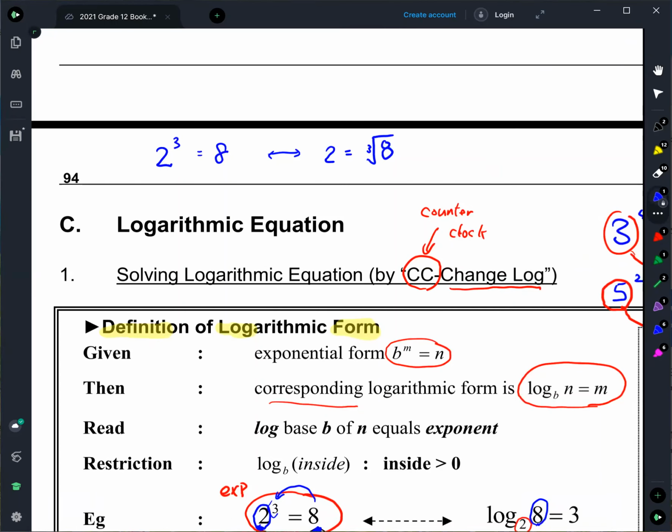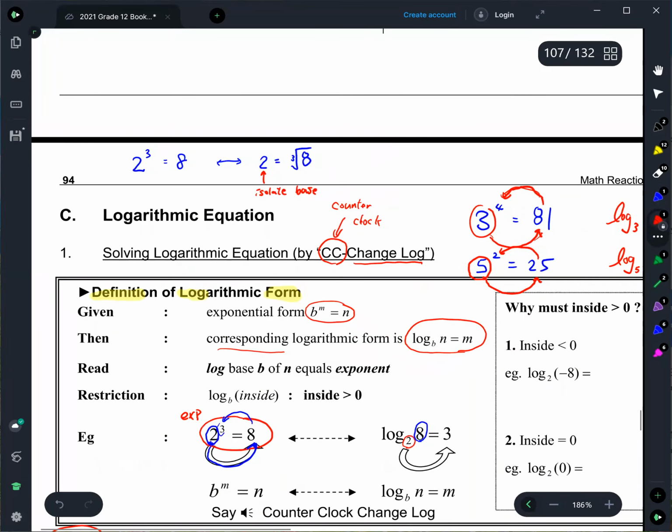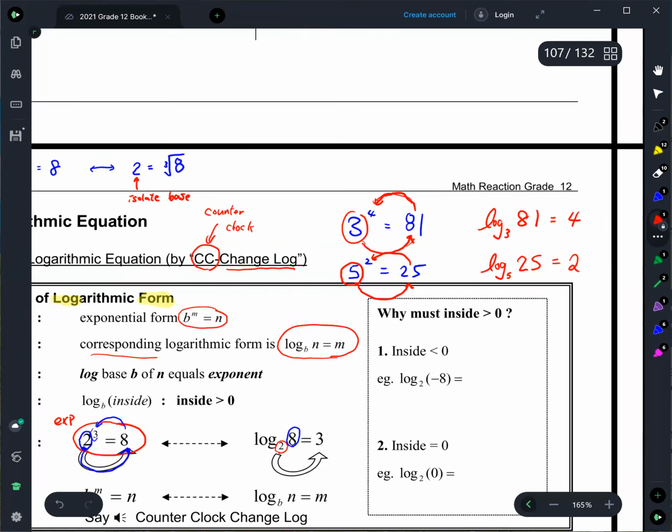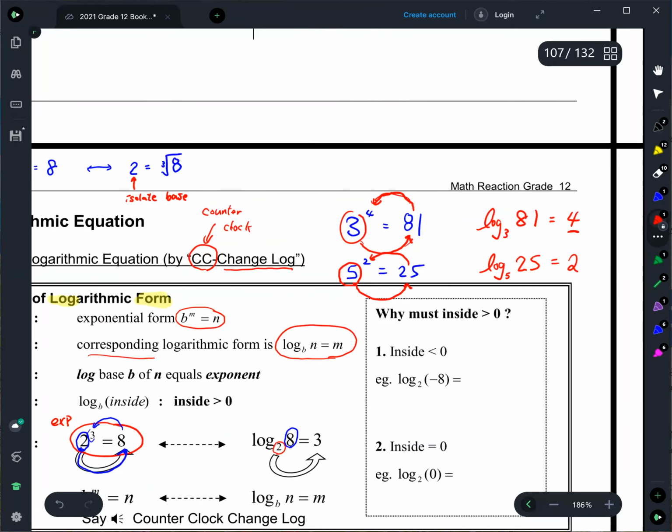This is to find the base, to isolate the base. We use the root to help us isolate the base. What the log is doing is helping us isolate the exponents.